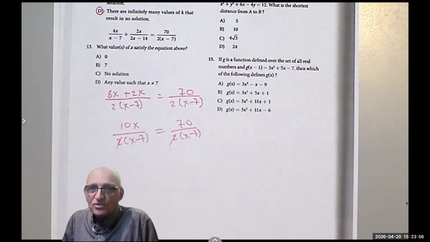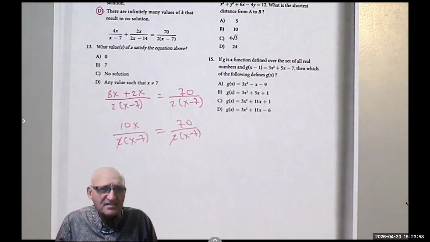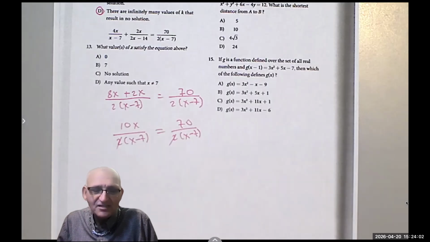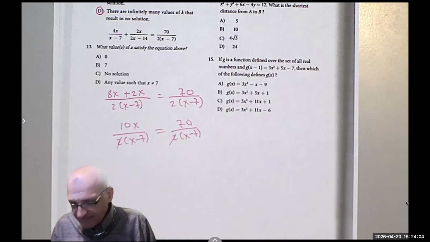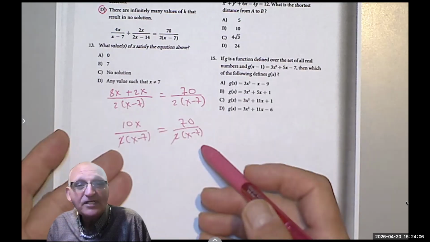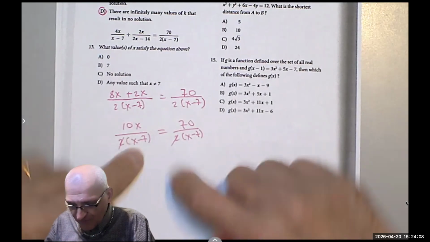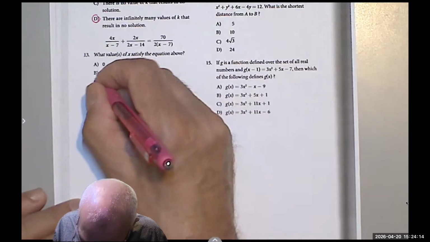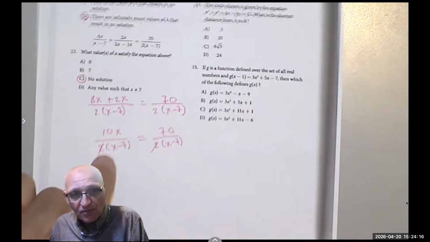Yep, you get 0. So we are saying 10x divided by 0 equals 70 divided by 0. No, we can't do that. x equals 7, even though it's the only one that you get for the numerator, is not a valid answer, so no solution. This is a tricky one.